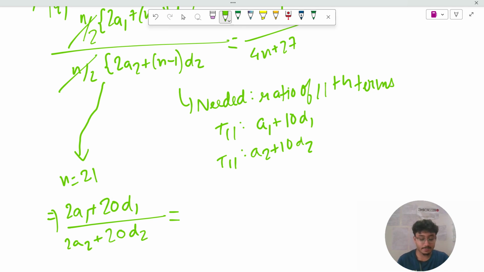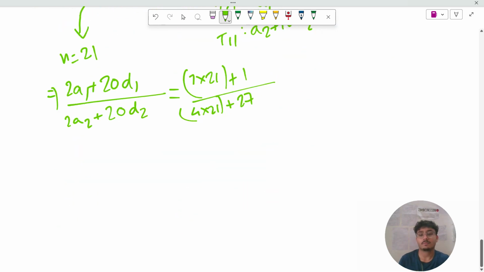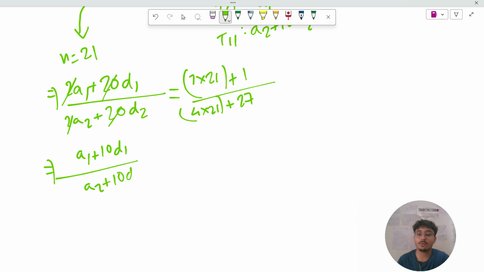So in the RHS it is 7 into 21 plus 1 by 4 into 21 plus 27. This side I can divide by 2 very easily, so I am getting the ratio of the 11th terms, (a1 plus 10d1) by (a2 plus 10d2).